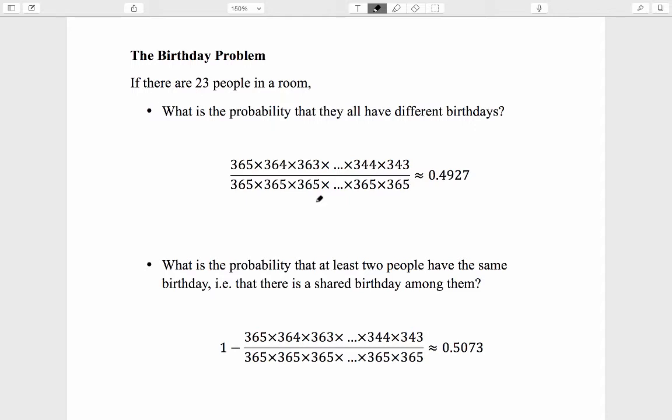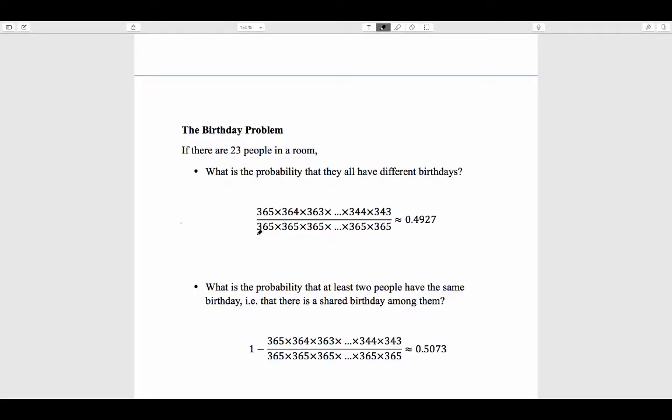We relied heavily on the multiplication principle of counting to work out the probability that all 23 people have different birthdays. We have to count up in the numerator all the outcomes in the event that they all have different birthdays, and we have to count up in the denominator all the different possible outcomes in the experiment of asking 23 people what their birthdays are. In both numerator and denominator, there are 23 numbers being multiplied together because the experiment of asking everyone their birthday is a 23-stage experiment.